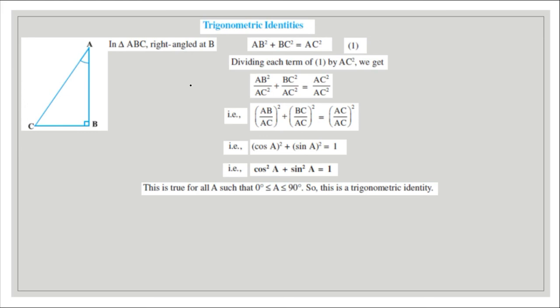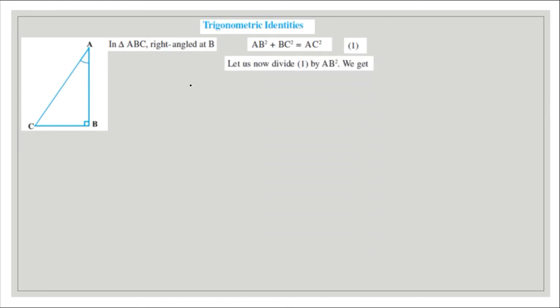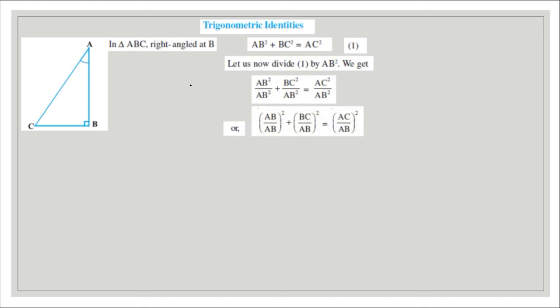Let's move on further. I'll take the same right angle triangle. This time I'm going to consider the side AB square and divide on both the sides. If you divide by AB square on both the sides, we get AB square upon AB square plus BC square upon AB square equal to AC square upon AB square. The same thing can be expressed as AB by AB whole square plus BC by AB whole square equal to AC by AB whole square.